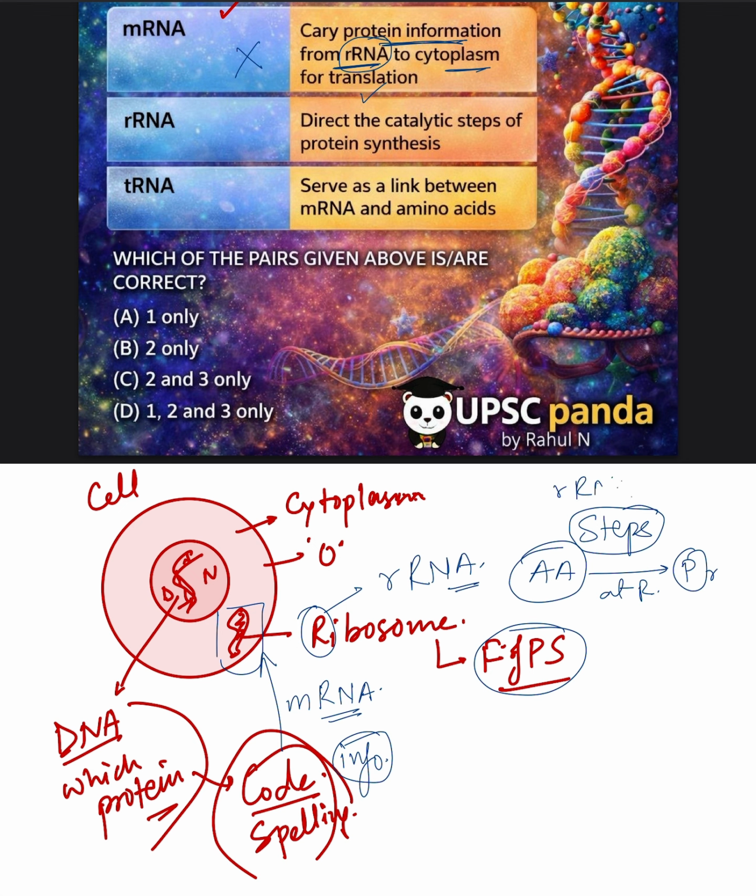Or we can say the rRNA is the building block for ribosome. जो ribosome को बनाता है और ribosome में जो protein synthesis हो रहा है उसके steps को direct करता है. So that is rRNA. This is correct.